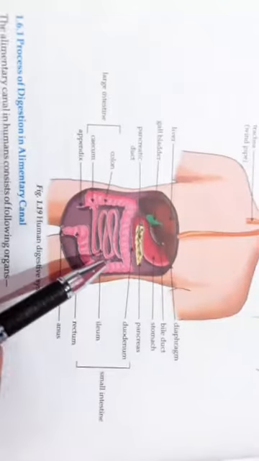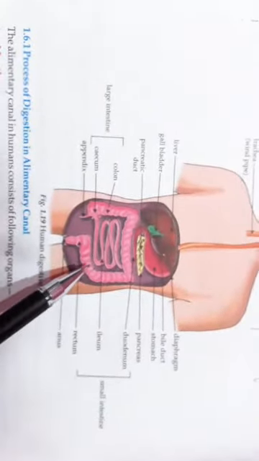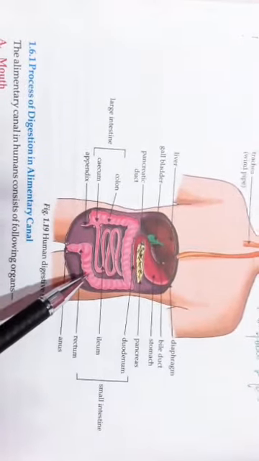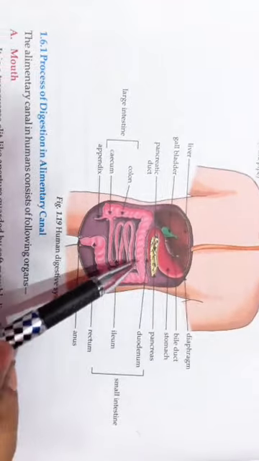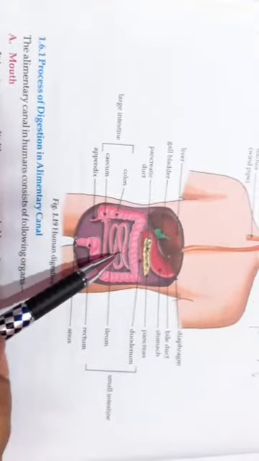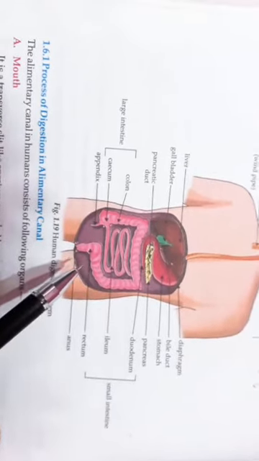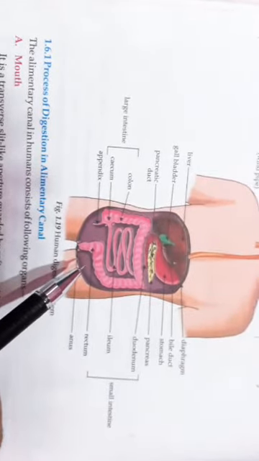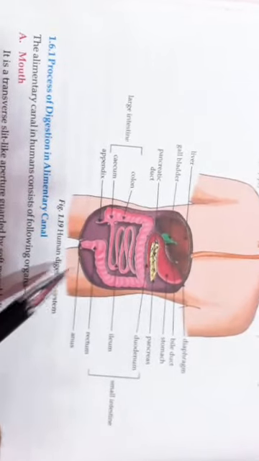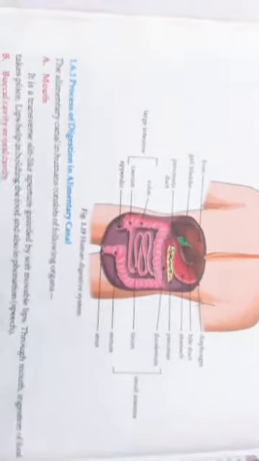Now, as you know, complete digestion takes place in the small intestine. From the duodenum, the food is passed into the ileum through the jejunum. The digestion of food is completed in the small intestine. The inner wall of the small intestine is covered with millions of tiny projections called villi.